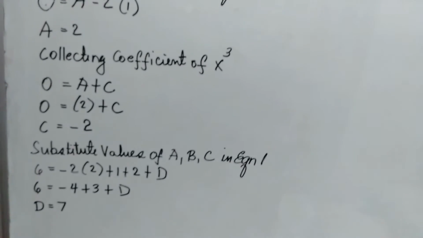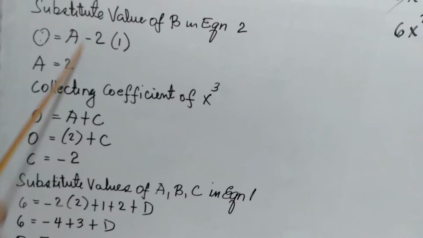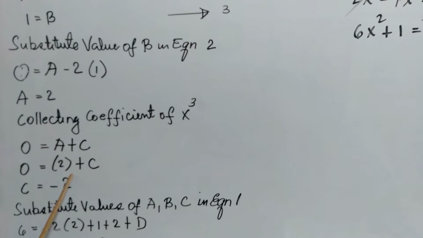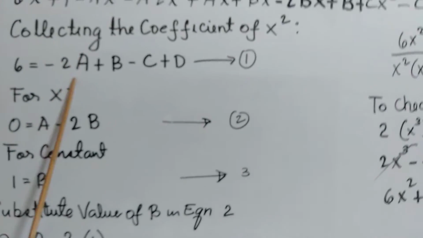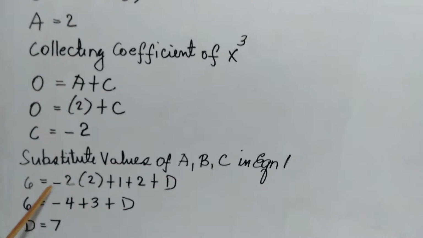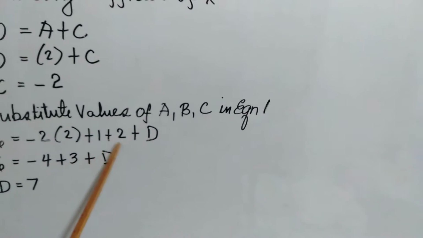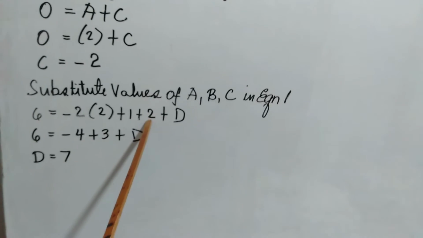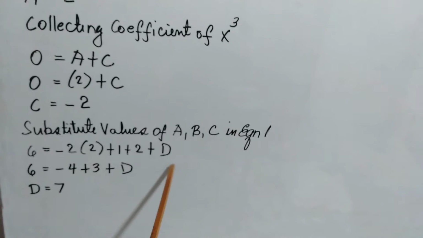Now we have 3 values here. For a we have 2, for b is 1, and c is negative 2. We substitute all the values of a, b, c in equation 1. We know the value of a, b, and c, so we can find the value of d. So 6 times negative 2, and a is 2, plus b, this is 1, plus c, negative 2, plus d is equal to 7.